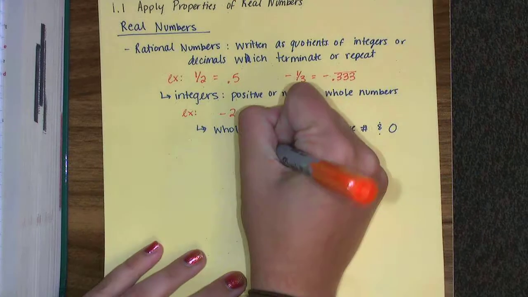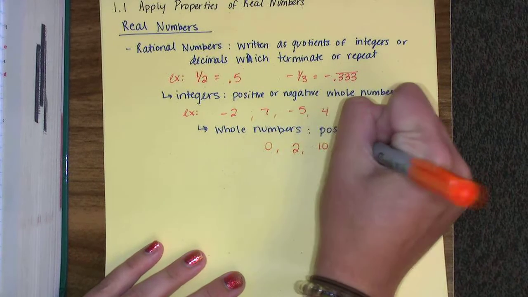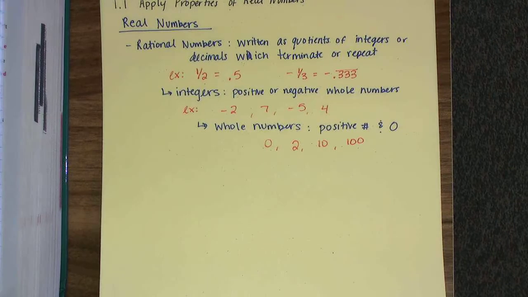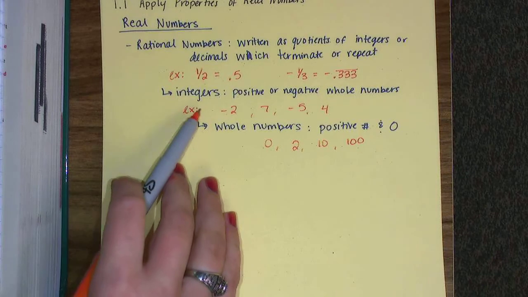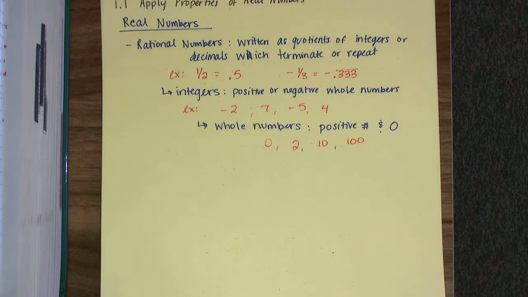So 0, 2, 10, 100, all of those would be whole numbers, which are positive, and then they go inside the integers, and then the integers go inside the rationals, which is the overarching set of those numbers.